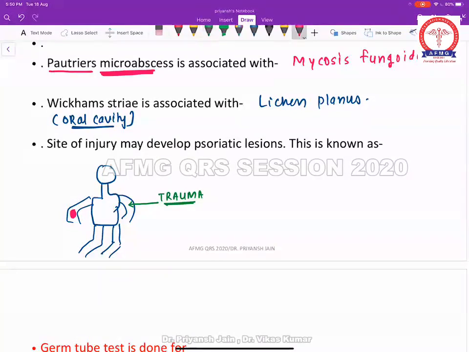Someone has hit with a stick. After some time, a psoriatic lesion can also develop at this traumatic site, the site of injury.